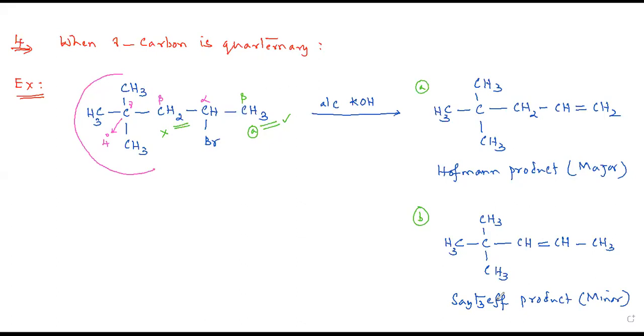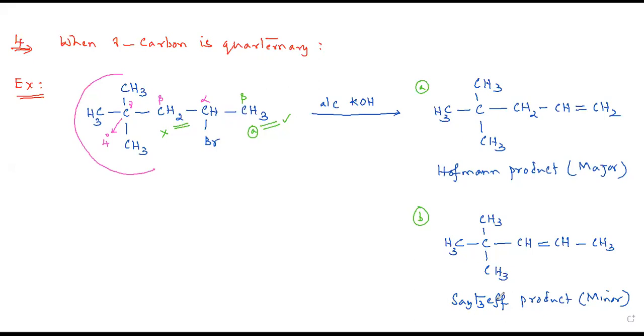Now, these are the four cases in which we get Hofmann product as the major product. You have seen why. More specifically, it is the steric hindrance at one of the beta carbons that makes it undergo a kind of elimination to give a Hofmann product as the major one.